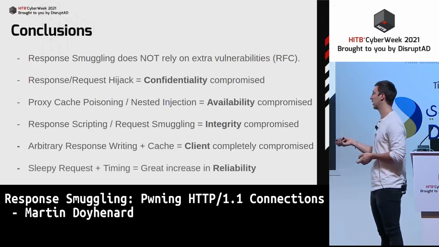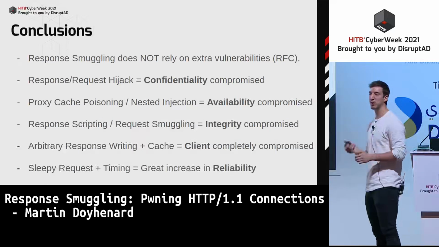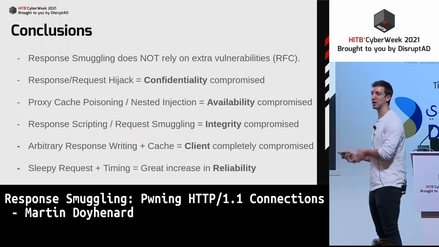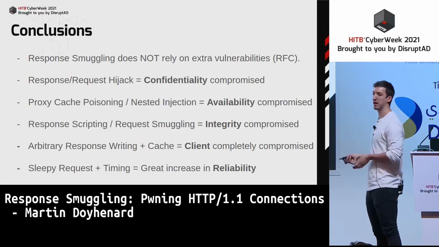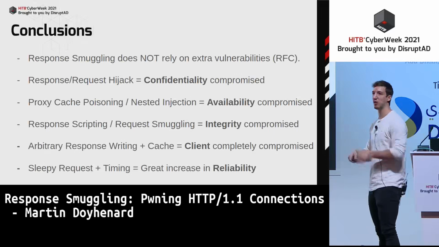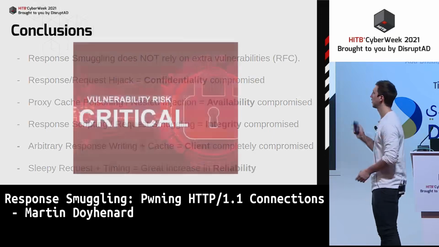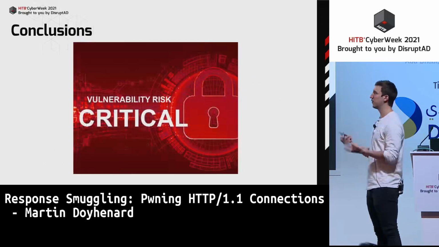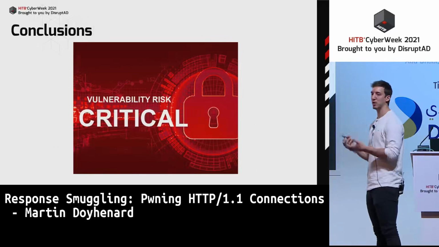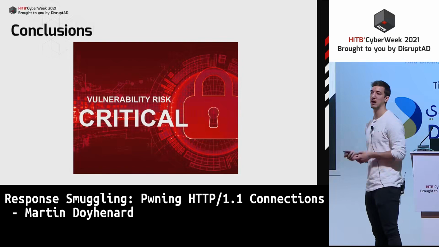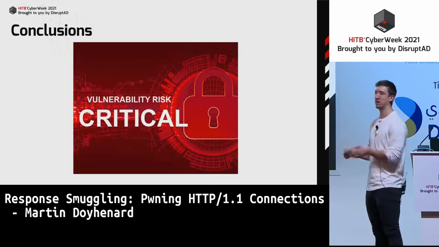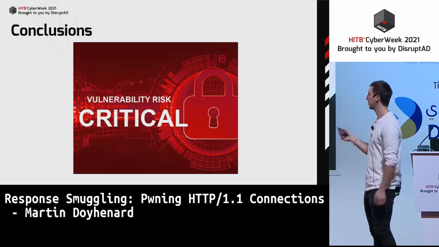And finally, of course, to hijack different requests and responses using the sleepy request technique, I'm able to increase the reliability not only for response smuggling but also for request smuggling. So in the future, this kind of vulnerability should be considered critical and not medium as many bug bounty programs would say they are, or as many other vendors would consider them to be.